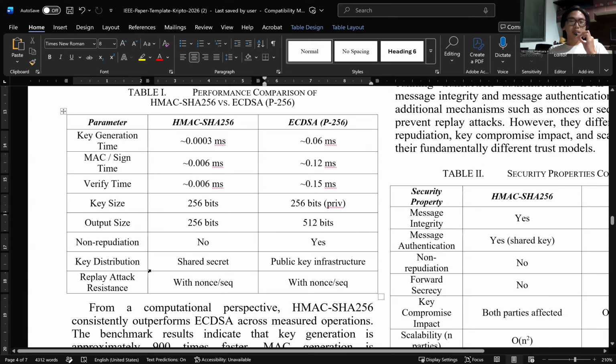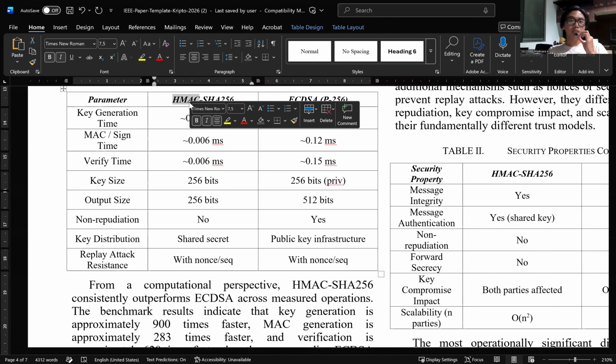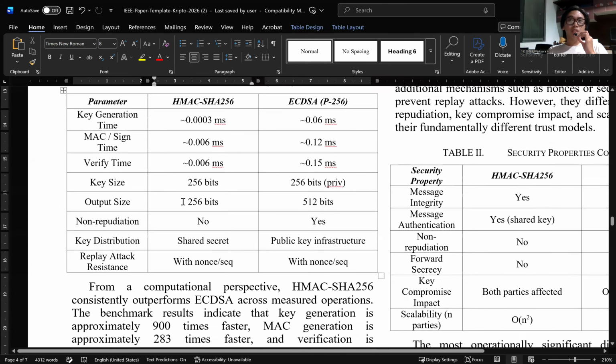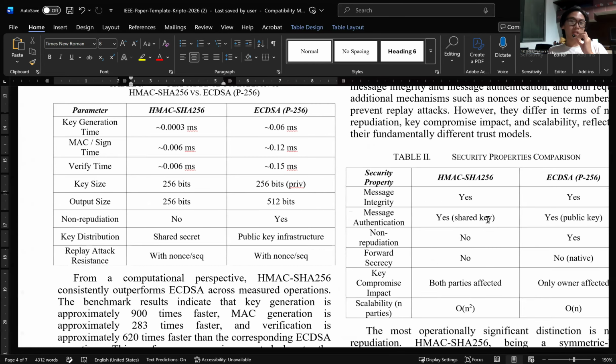And if we see it from the size, HMAC SHA256 produces a 256-bit output. Meanwhile, an ECDSA signature is around 71 to 72 bytes. It's more than double the former, but it's still relatively small for modern banking methods and also networks.